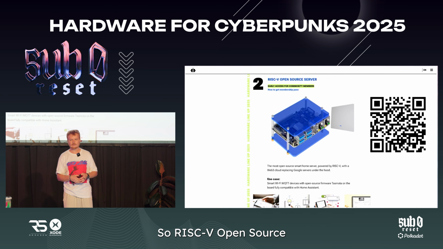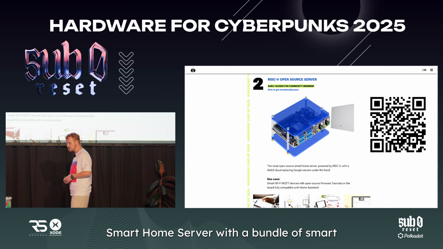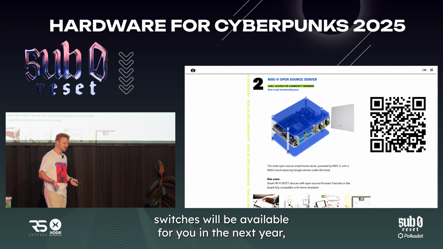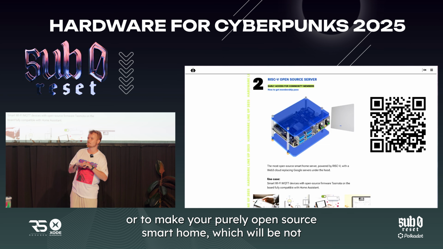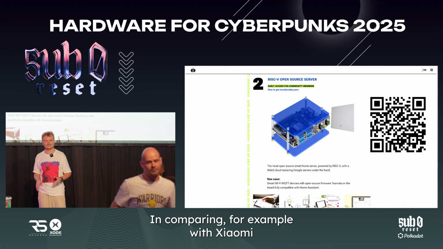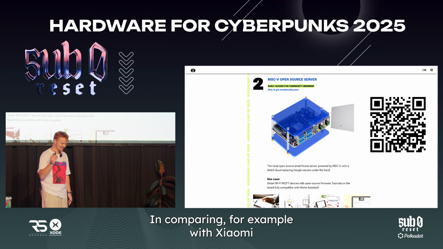So a RISC-V open source smart home server with a bundle of smart switches will be available next year to make your purely open source smart home, which will compare well, for example, with a Xiaomi server.